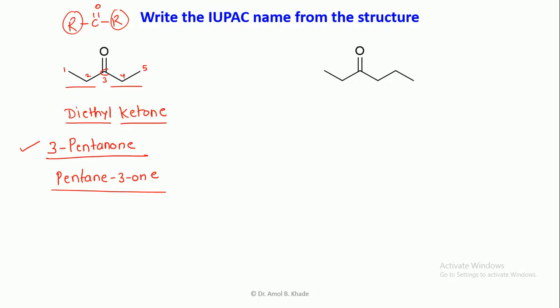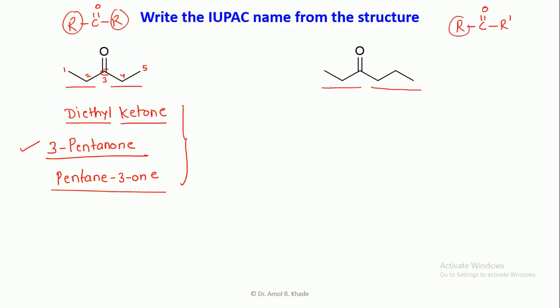Now by using the rules we have discussed, can you give the nomenclature for this? Here you can see there is one alkyl substituent, it is ethyl, and on the other side it is 1, 2 and 3, so it is a propyl. So in this case it is like R, C double bond O and then R dash.